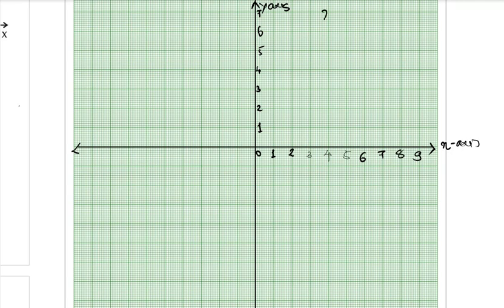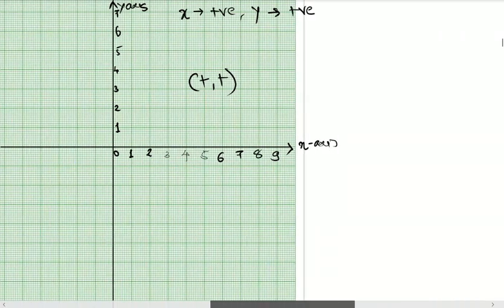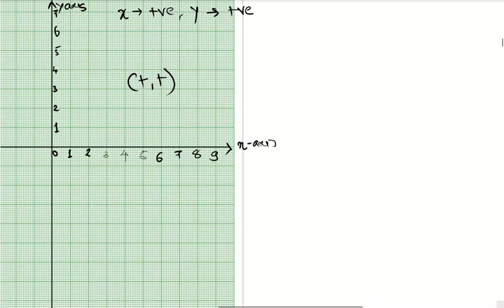So we can say that x coordinates are positive and y coordinates are also positive. So our ordered pair will be in terms of plus comma plus. You understand? The ordered pair will be both positive. X will be positive and Y will also be positive. So this basically is known as the sign convention. What is it known as? Sign convention. Let me write it over here. Sign convention. Not convection, convention.